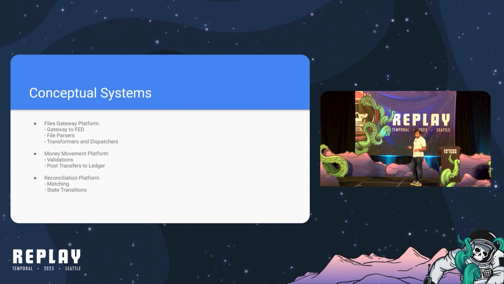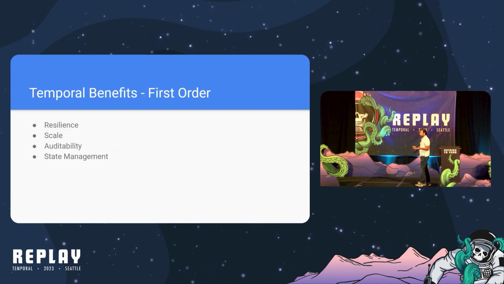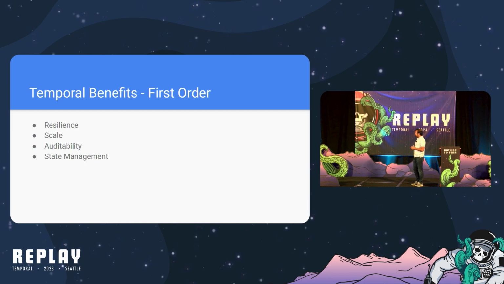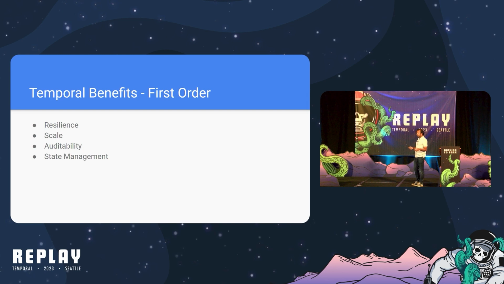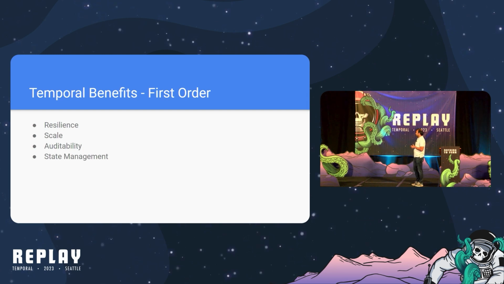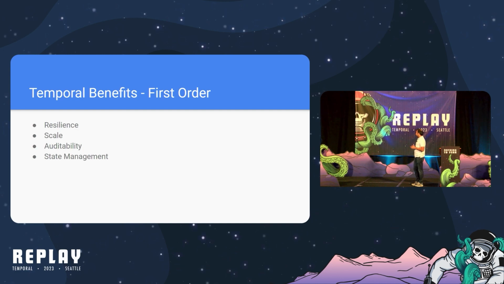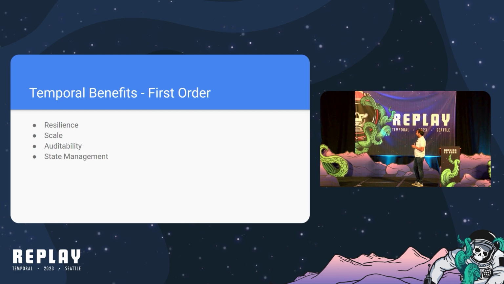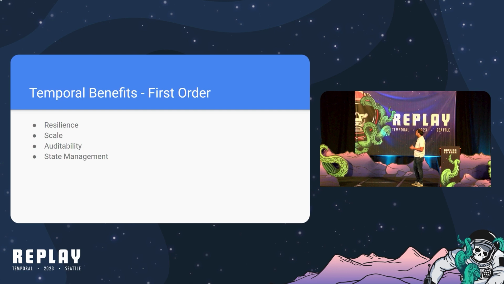I hope this is clear so far. Because this is a Temporal talk, we are going to use Temporal to build these platforms. I don't want to sound like a broken record, but these are even more important when it comes to payments. Things like resilience, because you have to be correct, reliable, and available, so that is super important. Scale: Temporal gives you scale. You can scale your workers up and down, and most of the payments are on weekdays.